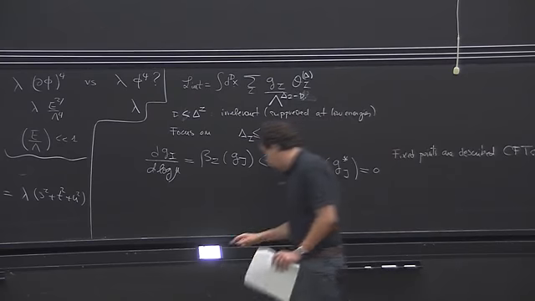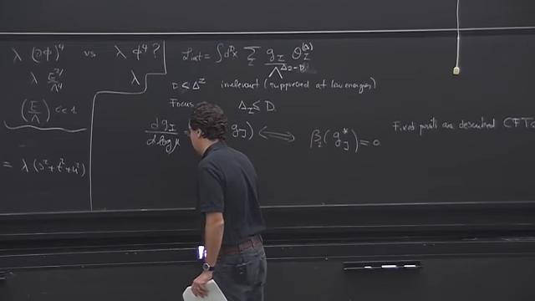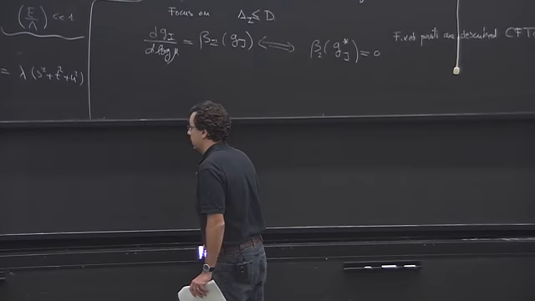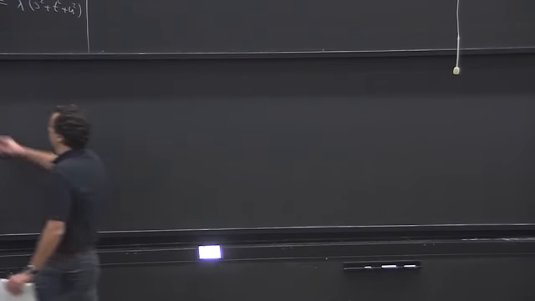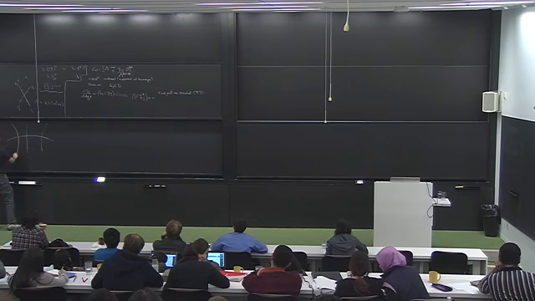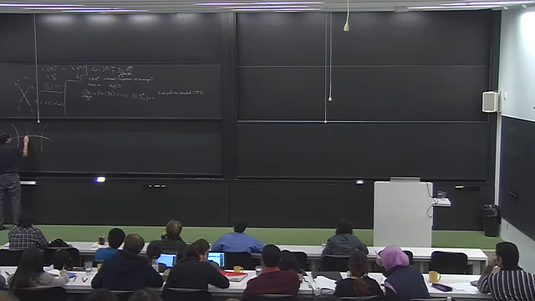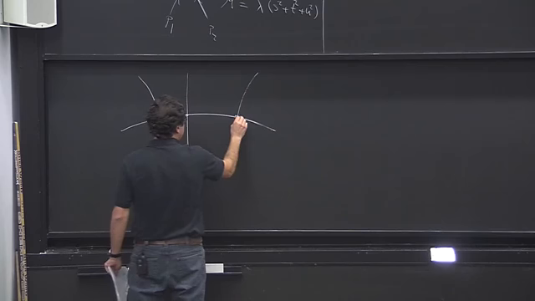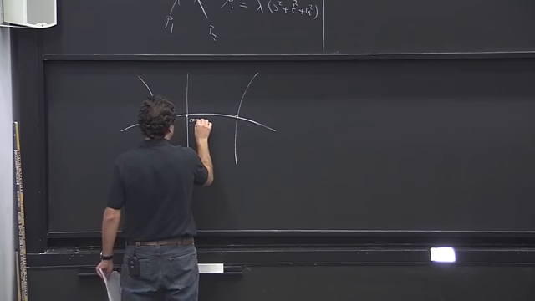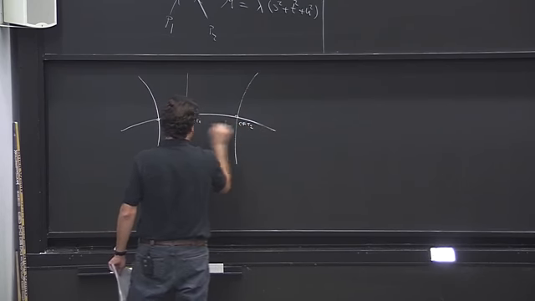Okay, and then what we saw is that in the space of field theories, we have these fixed points floating around. Imagine you have 3 fixed points. You have CFT1, CFT2, CFT3.